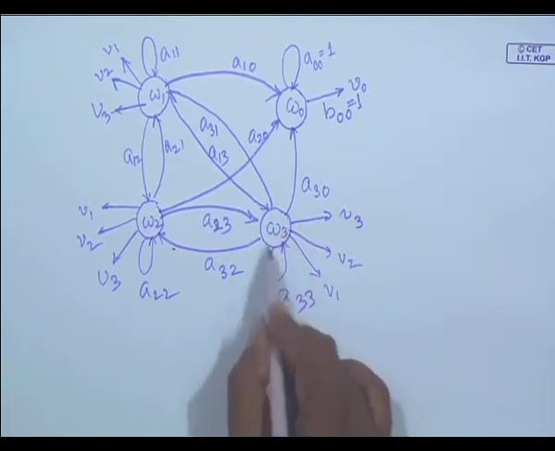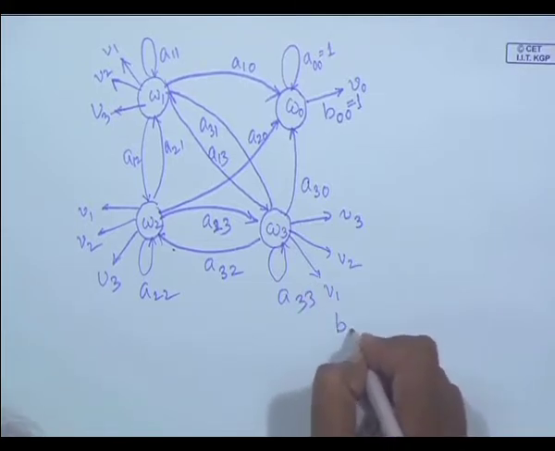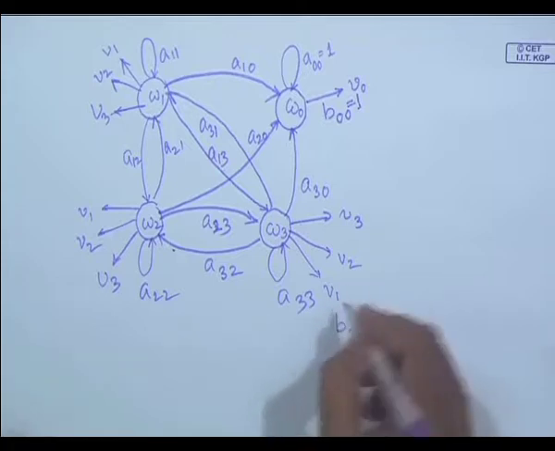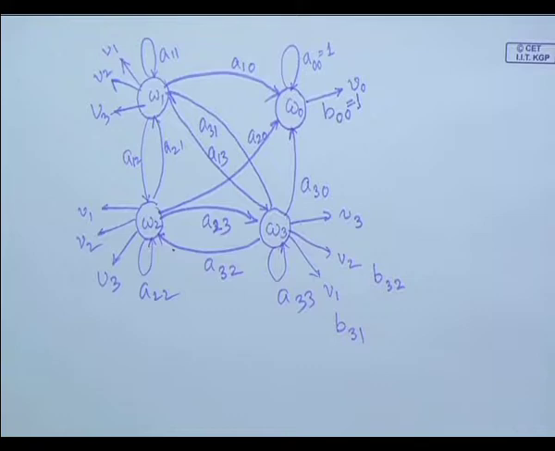So here from omega 3, V 1 will be emitted with probability B31, V 2 will be emitted with probability B32, and so on. This is the final hidden Markov model that we are going to use for our temporal pattern recognition.